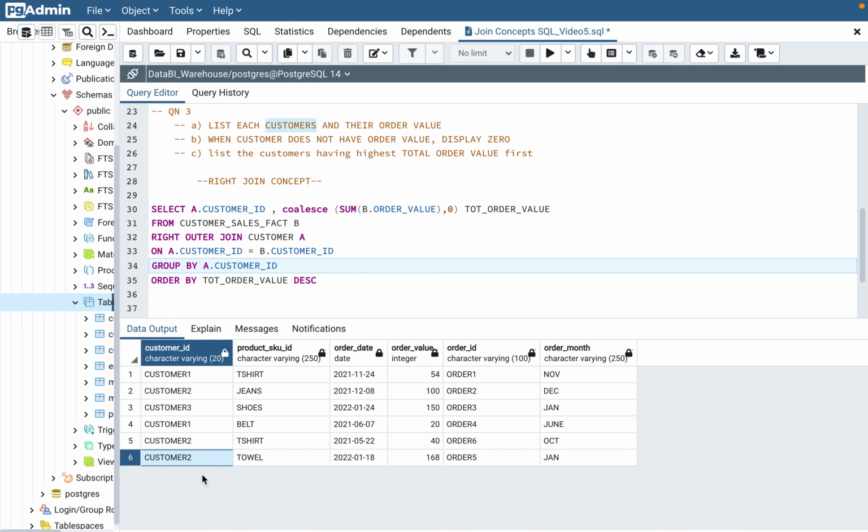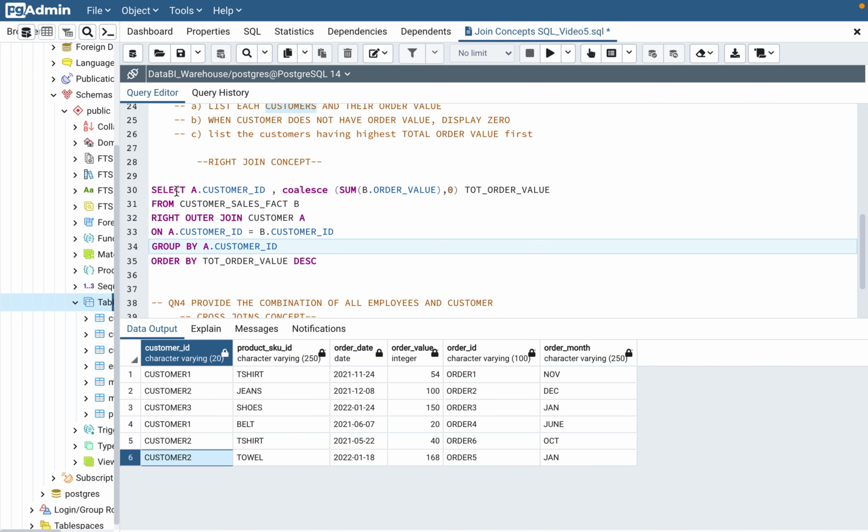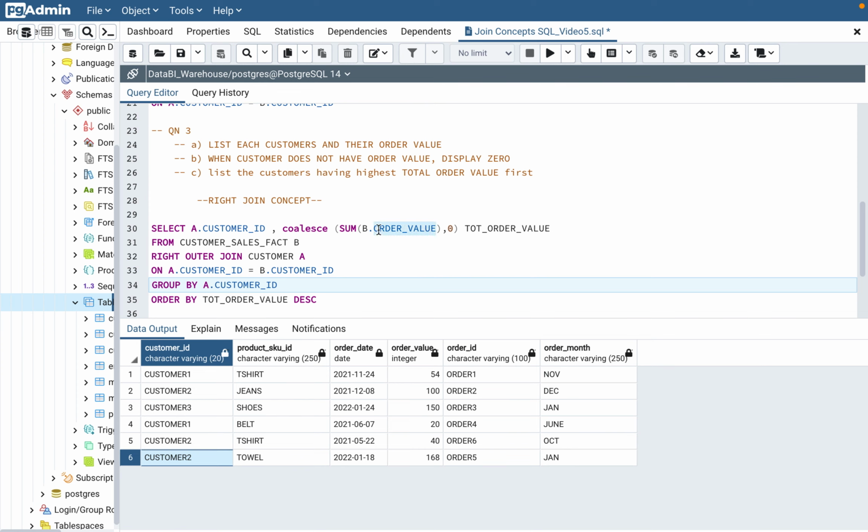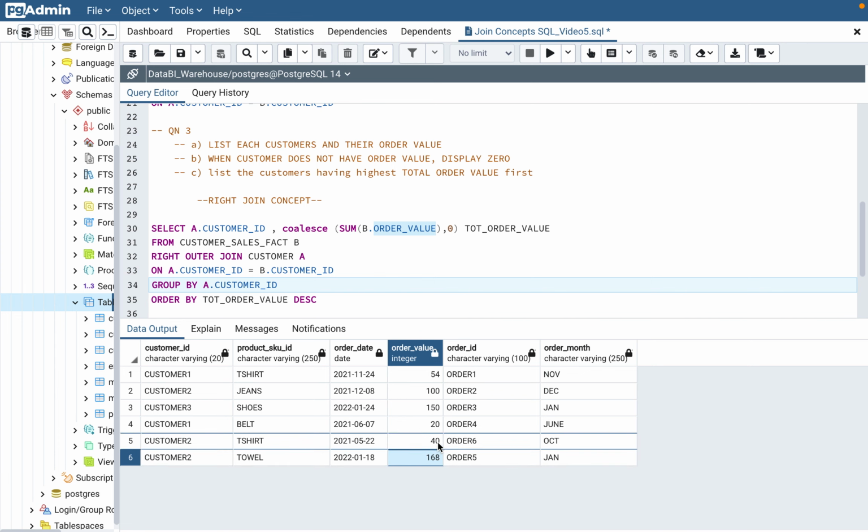The data here is row by row, but they want it by customer, so you use a group by clause. You say customer ID and then sum of order value, because for customer 2 the summation is 168 plus 40, which is 208, and for customer 1 it will be 20, 120 and 54, so 194.